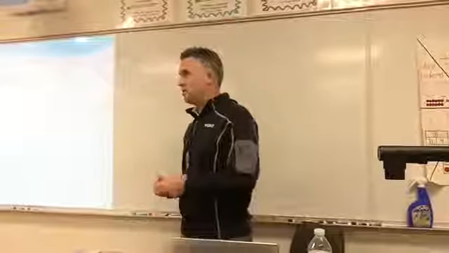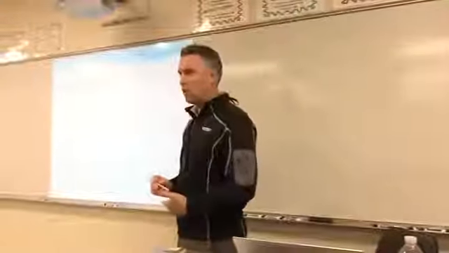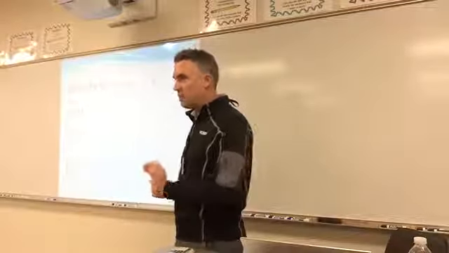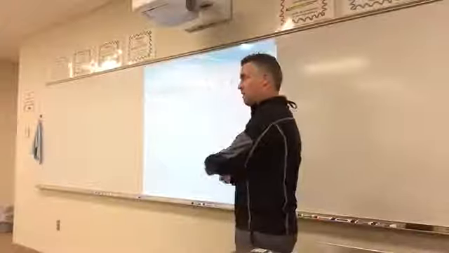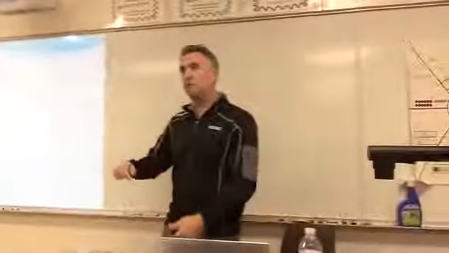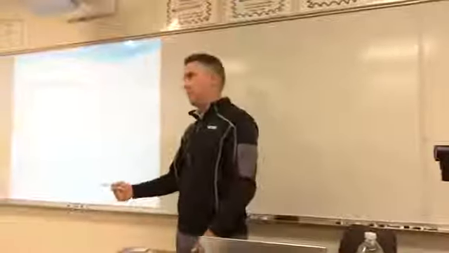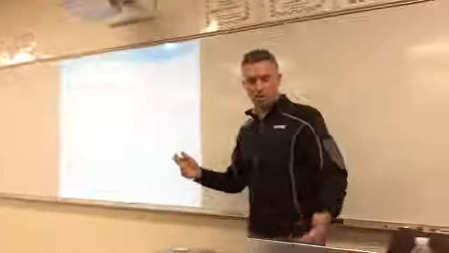Was anybody tempted to say 5 and -5? Does 5 work? No, because 5 squared is 25, and we're trying to get to -25. Does -5 work? No, because -5 times -5 is positive 25, and we're trying to get to -25. So some of you already know where I'm going with this.